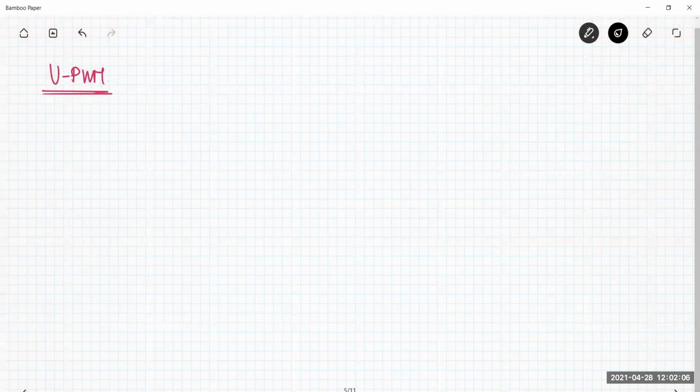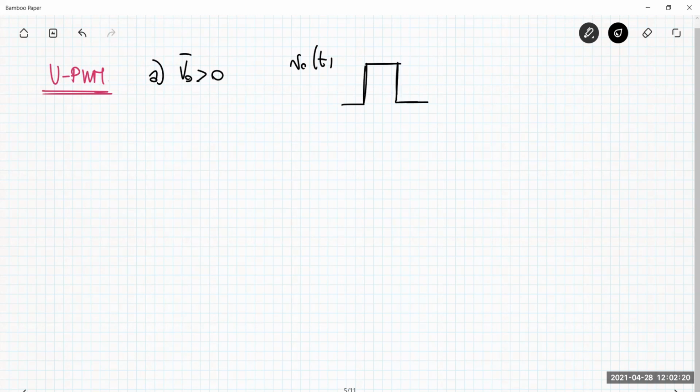So we have to consider both cases. Let's start with situation A, output voltage average value which is positive. In this situation, the output voltage is unipolar and totally positive, something like this.